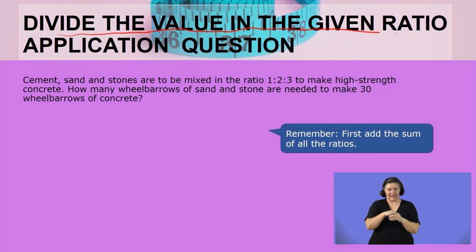Now we are continuing with the application to divide the value in the given ratio. Our question reads as follows. Cement, sand, and stones are to be mixed in the ratio 1:2:3 to make high-strength concrete.